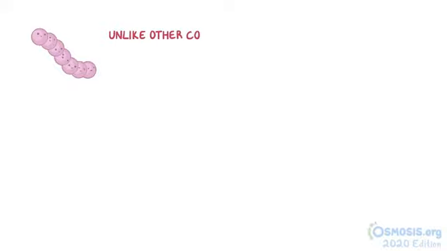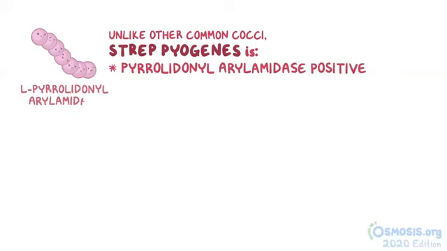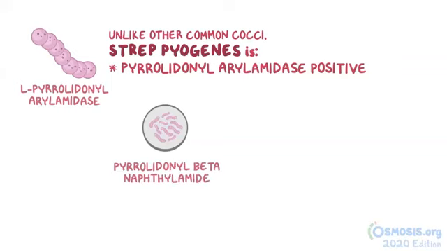However, unlike other common cocci like enterococci, strep pyogenes is pyrrolidonyl arylamidase positive, because it makes an enzyme called L-pyrrolidonyl arylamidase. To test for this, a small sample is taken from a suspected bacterial colony, and then inoculated to a disc pad that's embedded with pyrrolidonyl beta-naphthylamide. Another joy of a word.